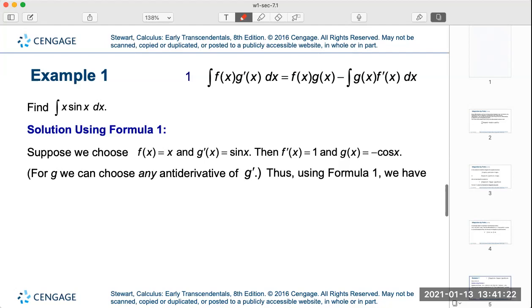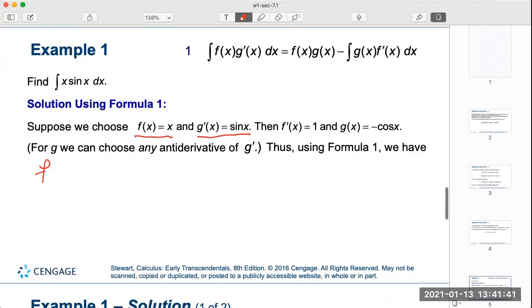It's kind of difficult. But if we define the function f of x as x here, and g prime here is sine x, suppose we write it in two columns. Let us write it this way.